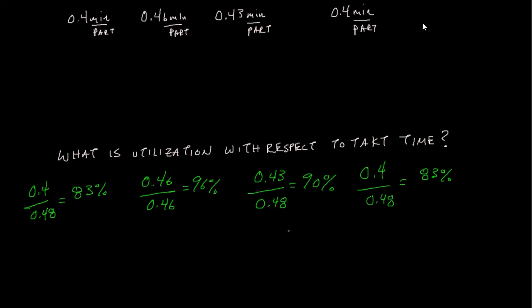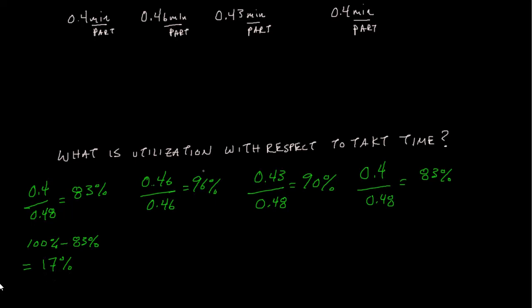So do I have an extra worker in here? I would be able to know if the differences added up to 100%. So let's take a look at this. 100% minus 83% equals 17%. So 17% of the time this person may be making more parts than are required, or, depending on your manufacturing line, maybe you're doing full production, in which case they would be doing 17% other things not related to production.